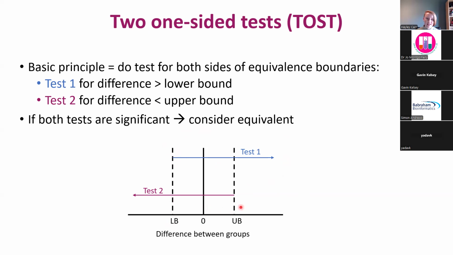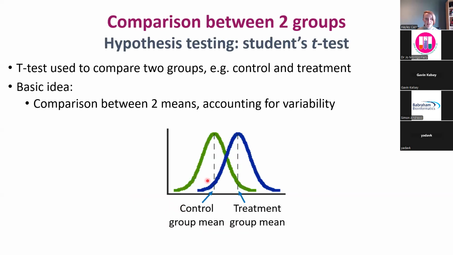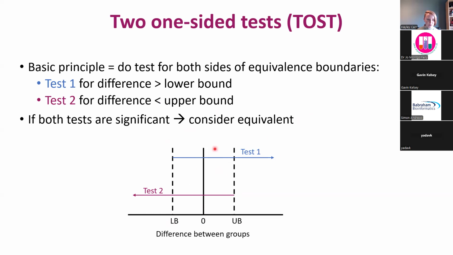Test 2 tests that it is lower than the upper bound. And so we're looking for significance on both of these tests that would suggest that our real difference is somewhere between our lower bound and our upper bound, and then we consider that to be effectively equivalent, and we conclude that it is statistically equivalent based on our two-sided test.